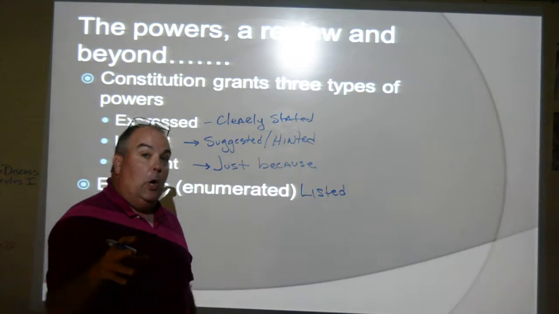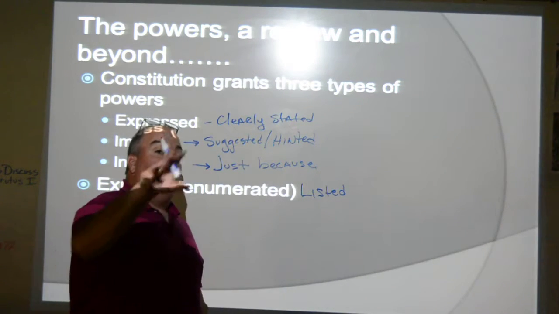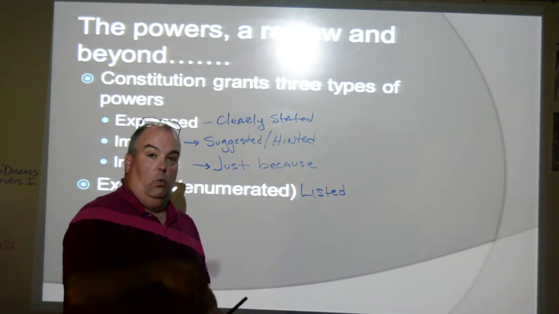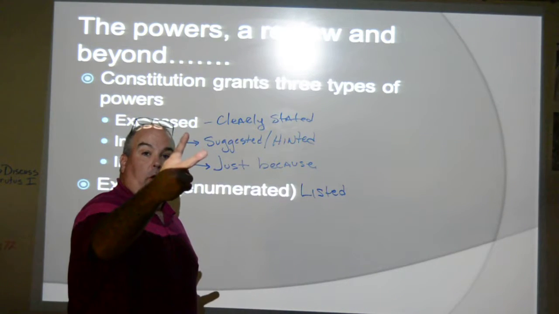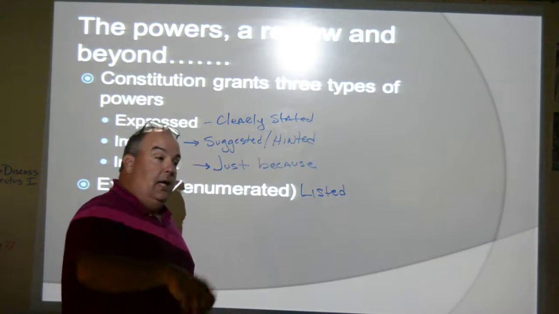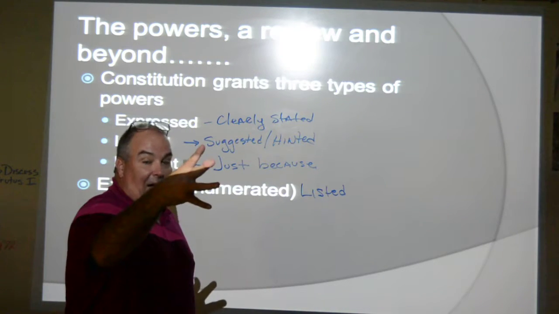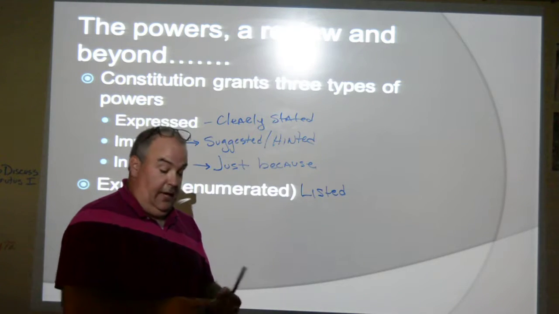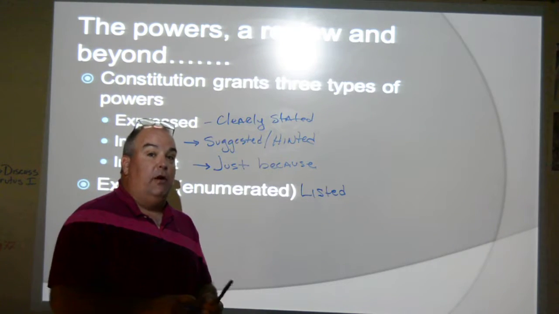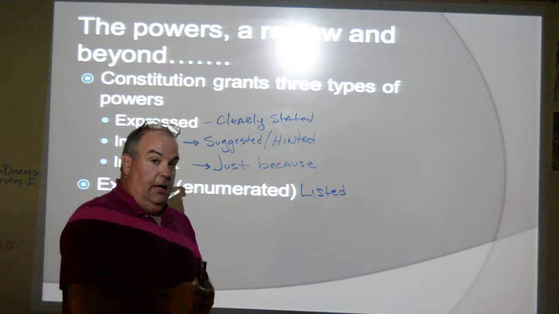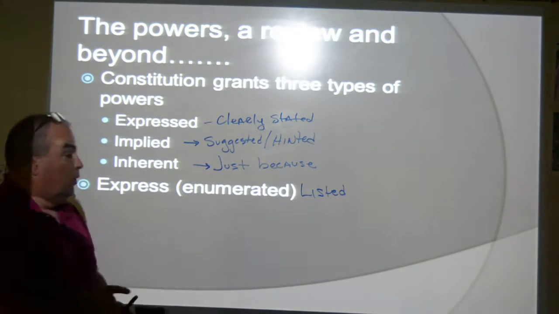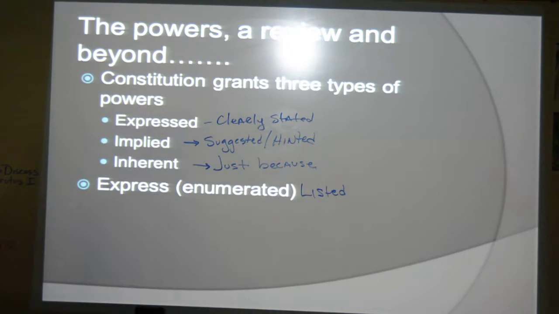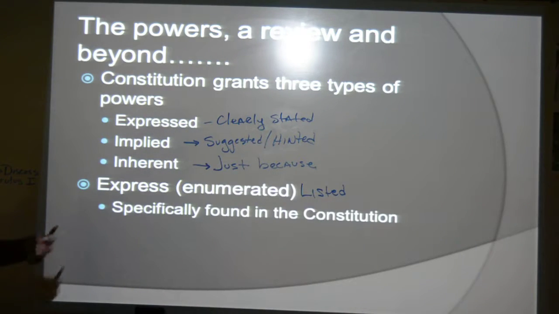And if you remember, congressional powers, you'll find them in Article 1, you'll find some in Article 2, 3, 4, 5, and probably 6. You can argue that. So there's a lot of congressional powers. All right? They're not all in Article 1. Okay, specifically found in the Constitution.